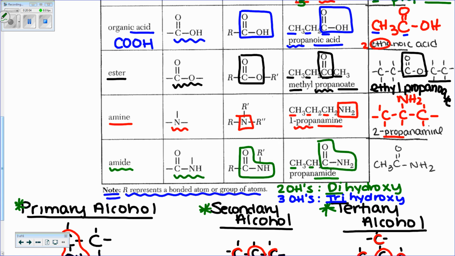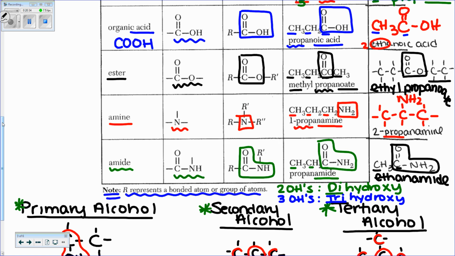Here's that amide group with the double bonded O, and I've got an N. And I can either have H's or another C coming off of it. So if I go over here, I'm going to say, okay, here's my amide group. I have 2 C's, so instead of propanamide, ethanamide.